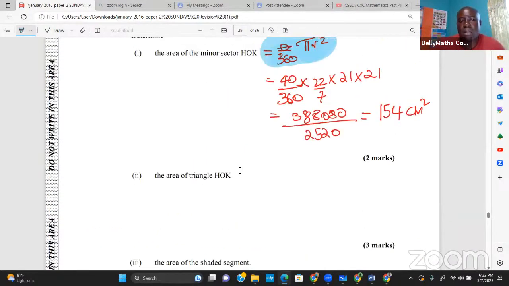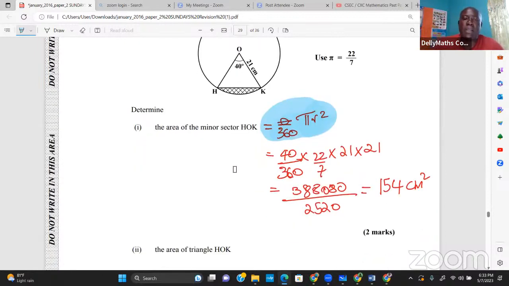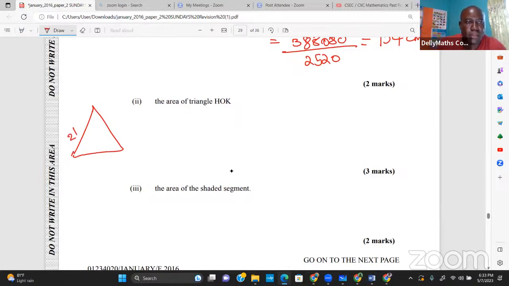The area of the triangle can be found using the sine formula. Remember we said that if I have a triangle, this is 21, this is 21, and this is 40. Trigonometry helps you to find the area of a triangle when there is an angle between two known sides.